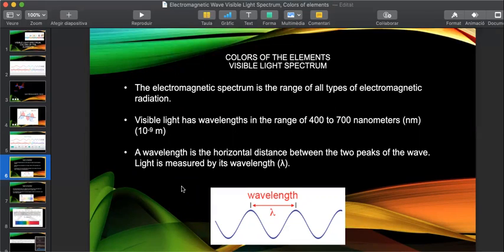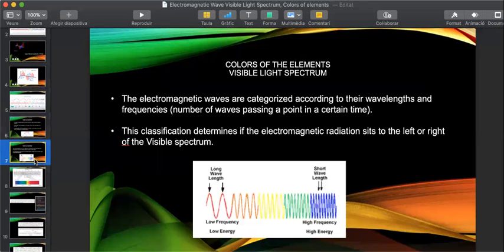Visible light has a wavelength in the range of 400 to 700 nanometers, which is what you can see with your eyes. A wavelength is the horizontal distance between two peaks of the wave. Light is measured by its wavelength.